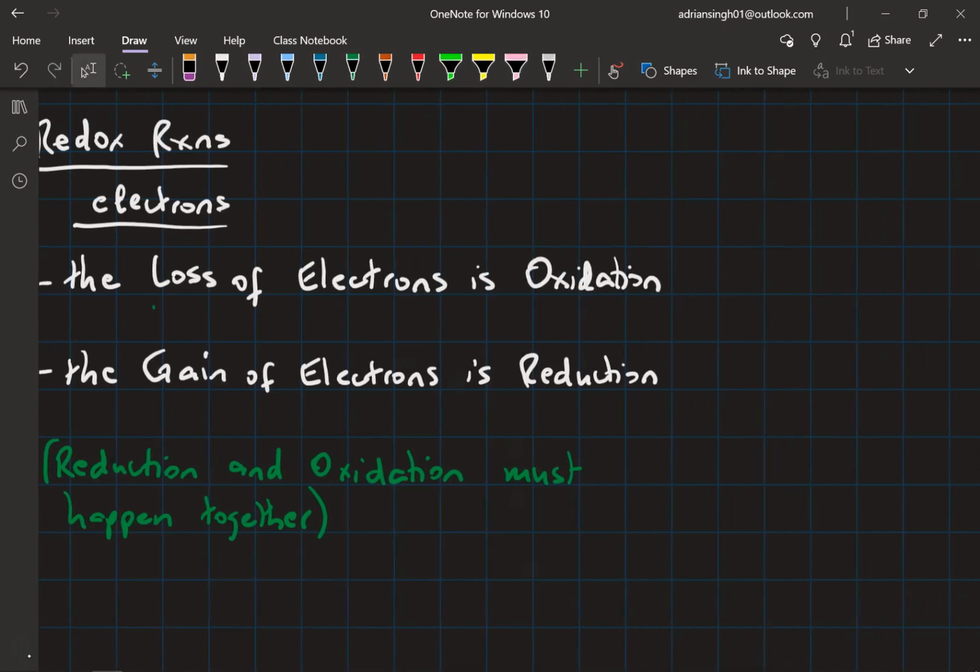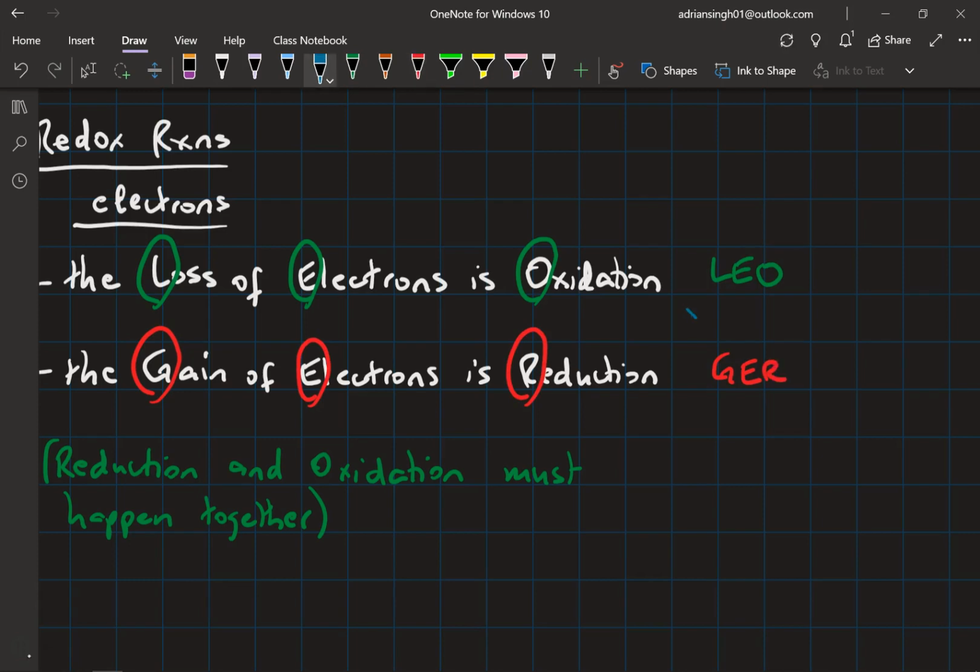Loss of electrons is oxidation, so we have LEO. And gain of electrons is reduction, and GER kind of sounds like a roar. So we can say Leo the lion goes GER, if you want to be a little more fierce.